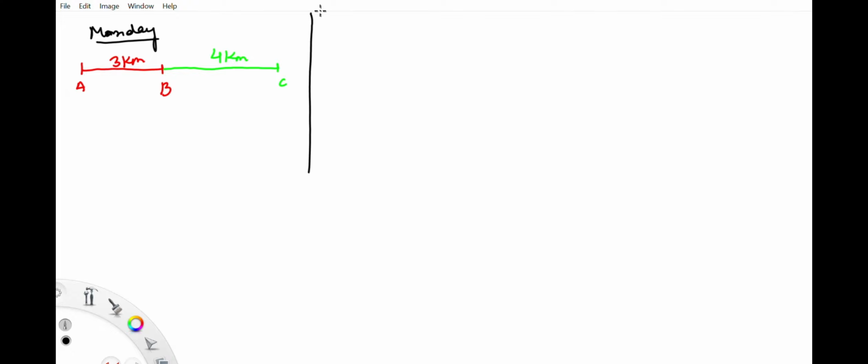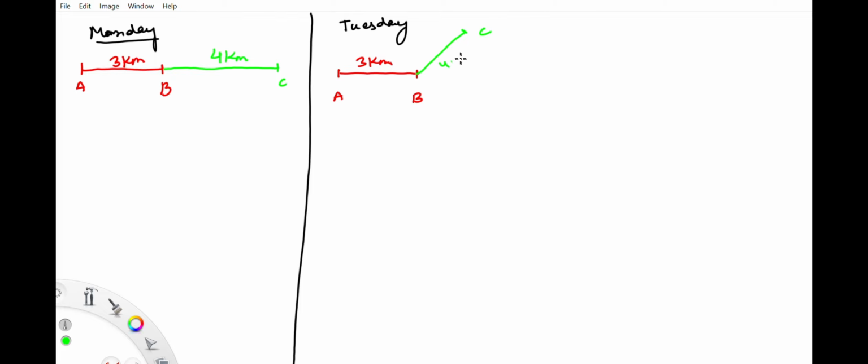Now, as the level went up at the driving school, on Tuesday, this person thought of again starting from point A and ending at point B, and then this person thought of taking a turn from point B to point C like this, and this path length between points B and C is also 4 kilometers.